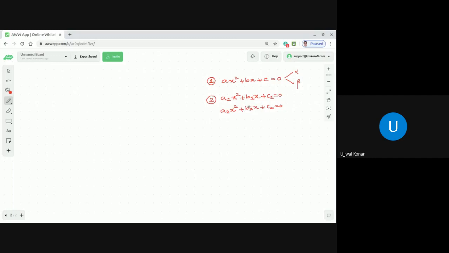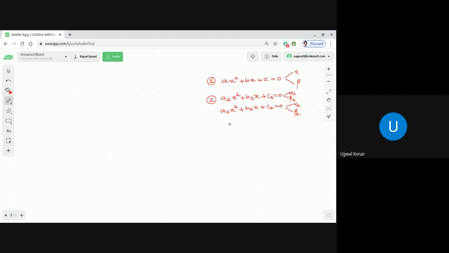Now, the first quadratic equation's roots could be alpha 1, beta 1, and the second quadratic equation's roots could be alpha 2, beta 2.